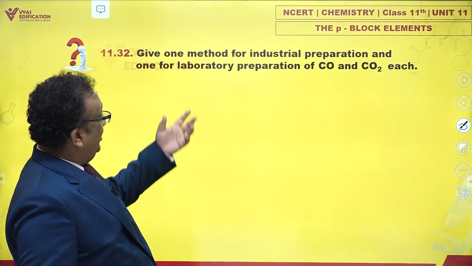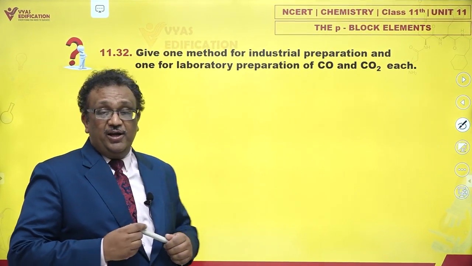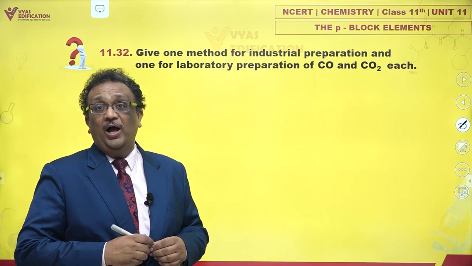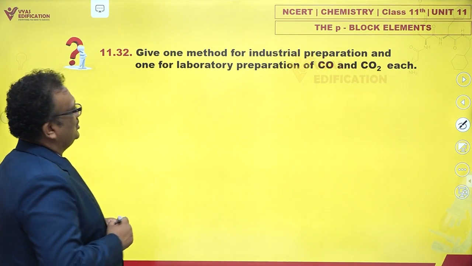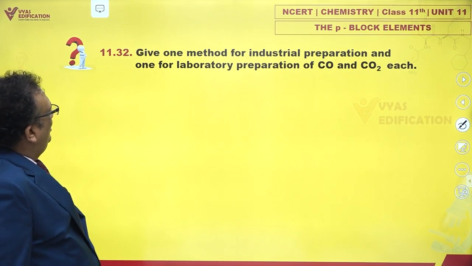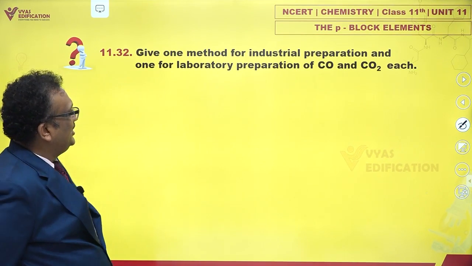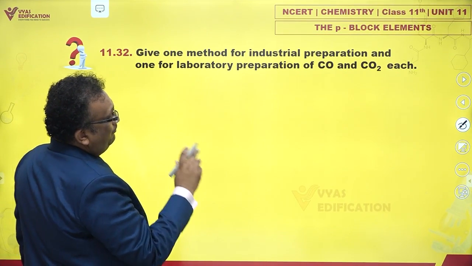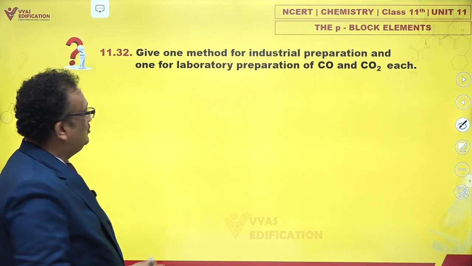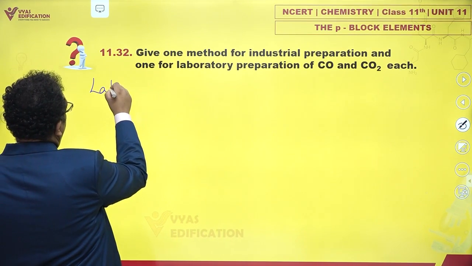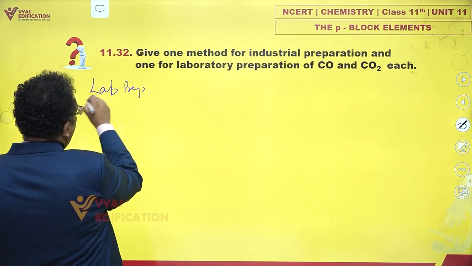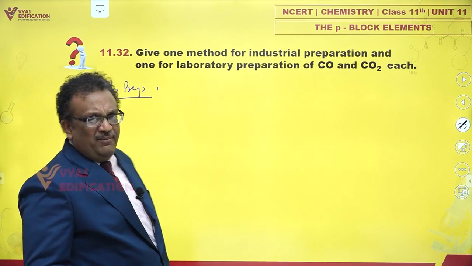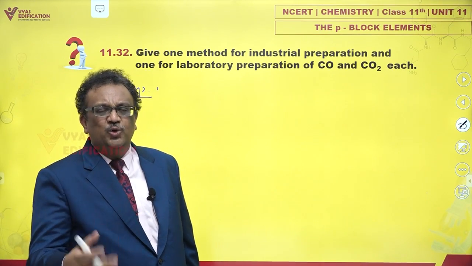Give one method for industrial preparation and one for laboratory preparation of CO and CO2 each. Well, not very difficult. See, first of all, lab preparation of CO and CO2. Lab preparation can be expensive. It can be done in test tubes. It should be easy to do.